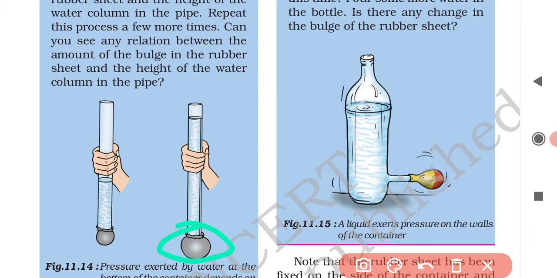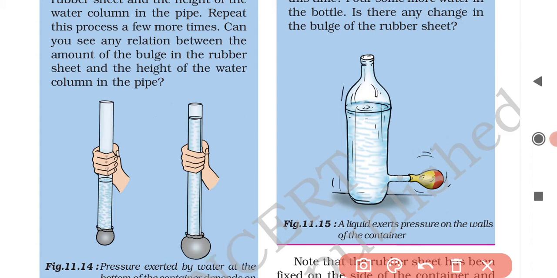So in fact, if the height of the water column in the pipe is greater, then there will be a greater amount of bulge in the rubber sheet at the bottom, which shows that greater pressure is exerted by the water. So from this activity we can conclude that a liquid exerts pressure on the bottom of its container. Understood?